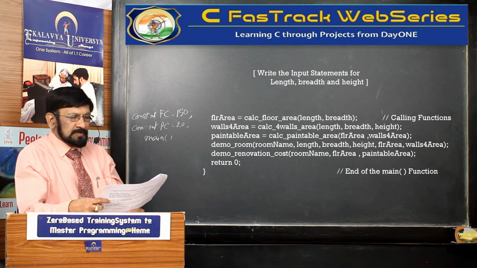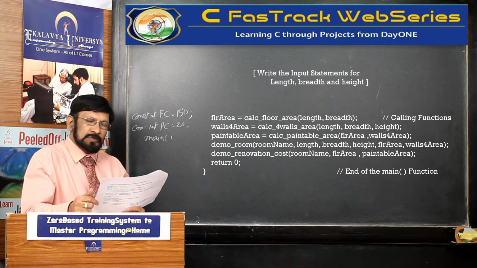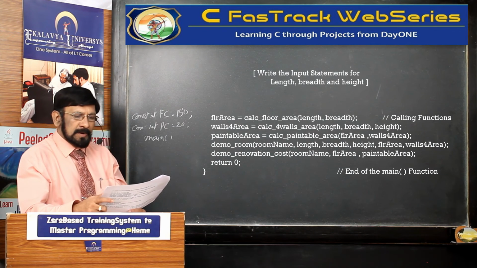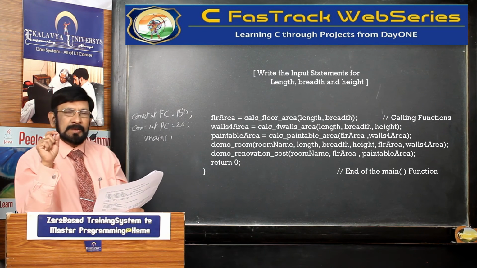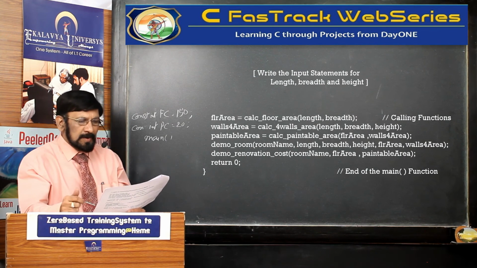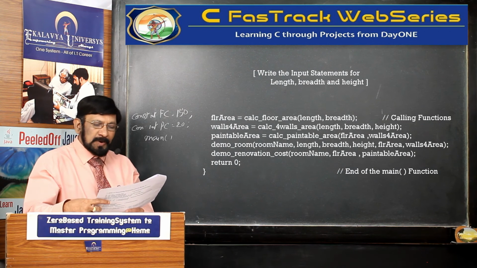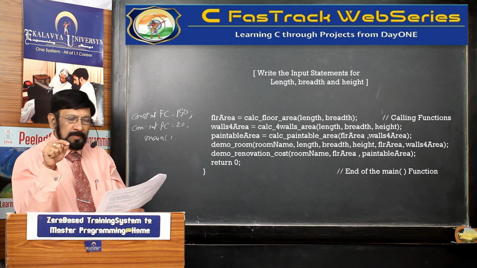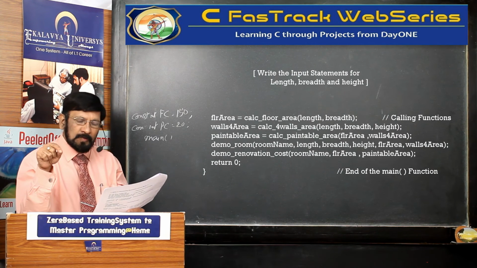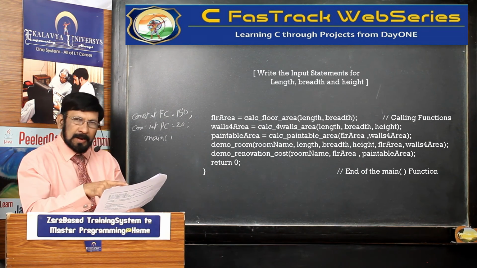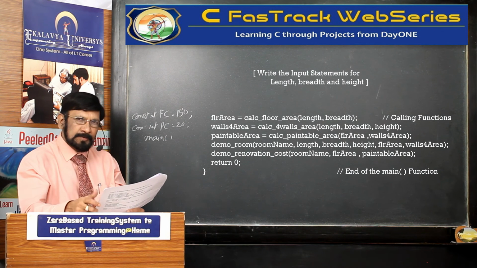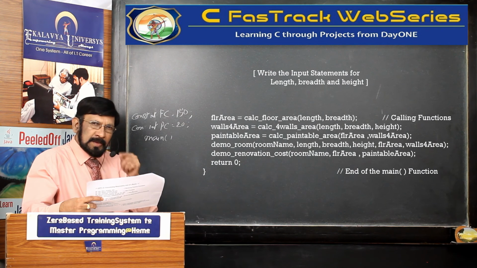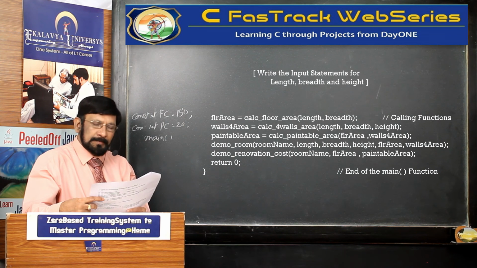So, first one, calculate floor area. That's the fourth type: function with arguments with a return value. Second one, calculate four walls area: function with arguments with a return value. Paintable area: you see which arguments you are supposed to give. You have to give floor area and four walls area, and the above two functions are providing you those variables. You are providing them as arguments for calculate paintable area.